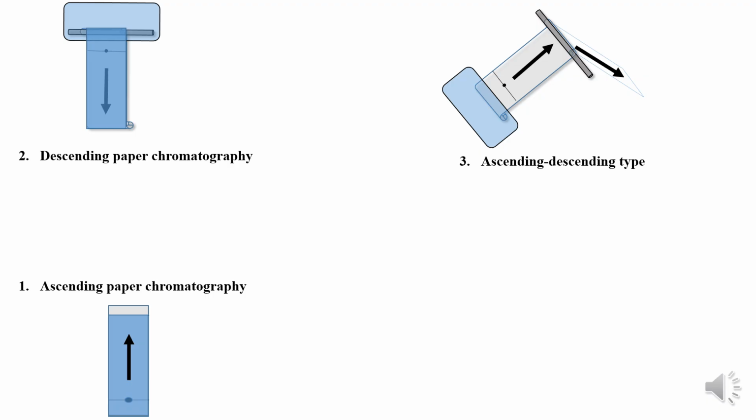So the first half of the experiment follows the ascending principle, while the second half follows the descending technique. The advantage of the ascending descending type is that the length of the separation can be increased.